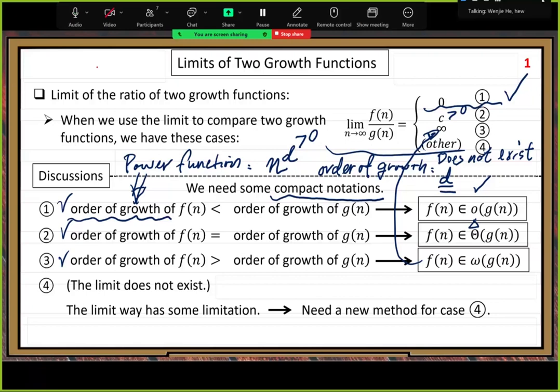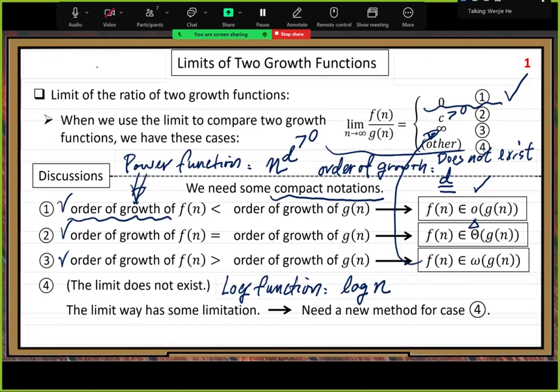First, let's consider the log function, log n, which we frequently use. What is the order of growth of the log function?